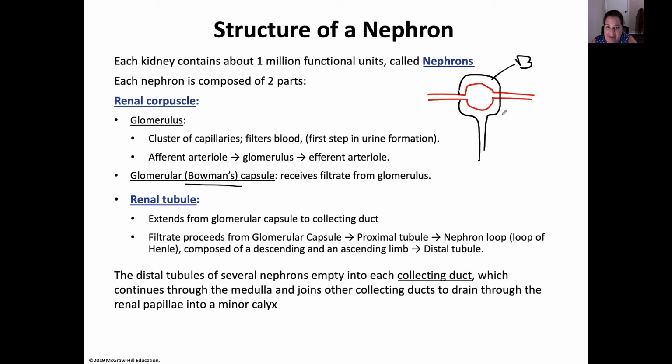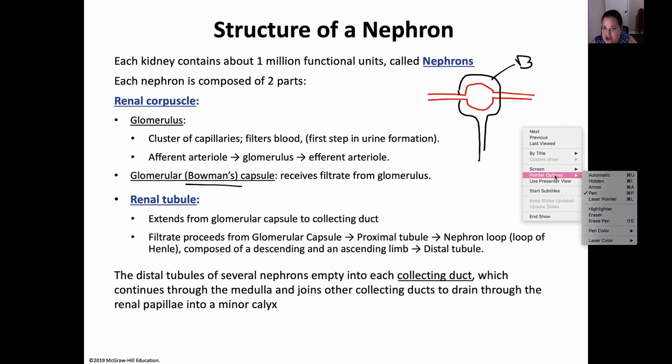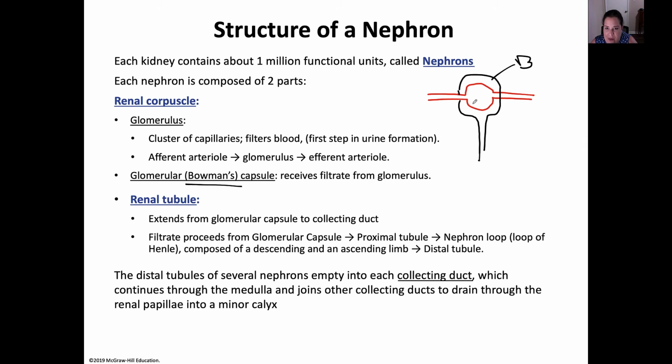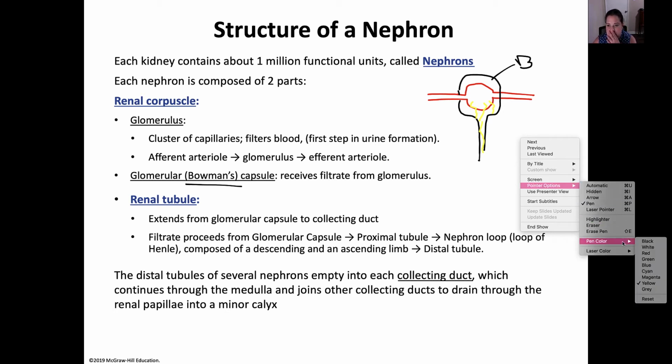Bowman's capsule is going to collect the filtrate that comes out of straining that blood. And that filtrate is going to continue down that tube. Let me go back to black.